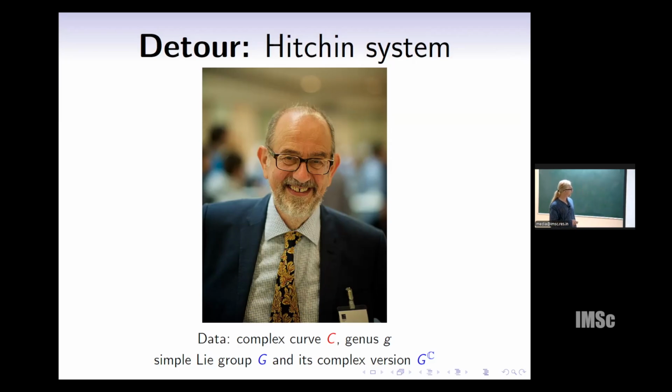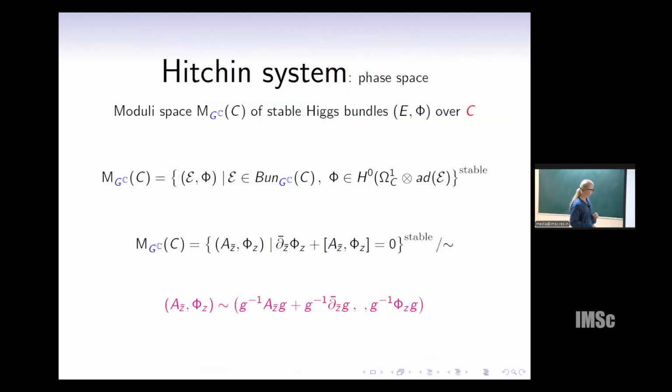So the data for this system is a choice of a complex curve, one complex dimensional, two real dimensional surface of some genus g, and a choice of a Lie group and its complexification. And so the phase space is the moduli space of pairs.